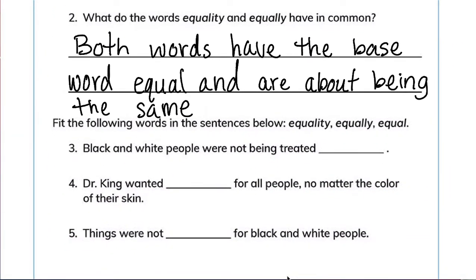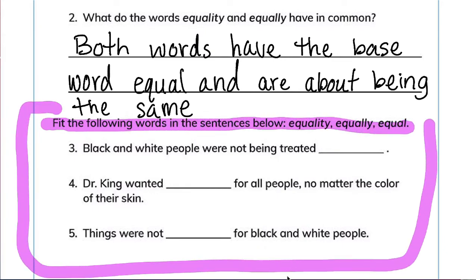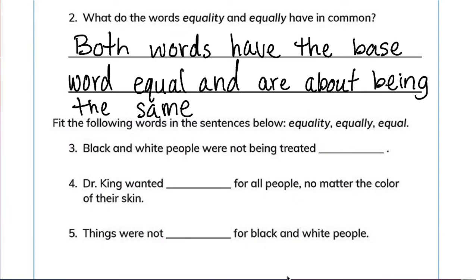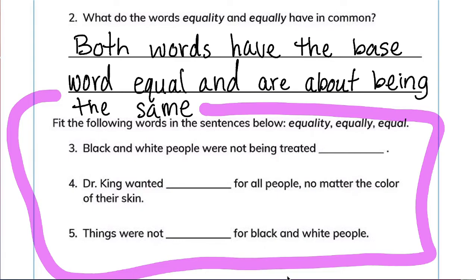Let's look at number 3, 4, and 5. So for this part, we're going to fit the following words in the sentences below. Everything down here, we are going to use either the word equality, equally, or equal. We have to plug them into the sentence that it makes sense in.